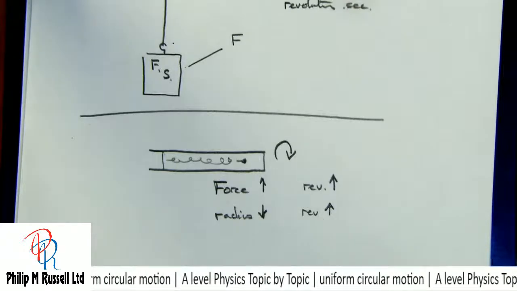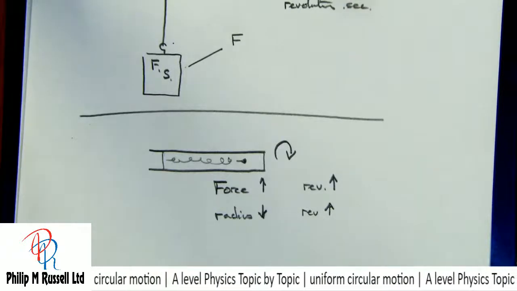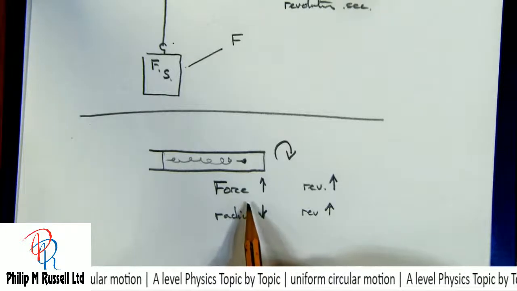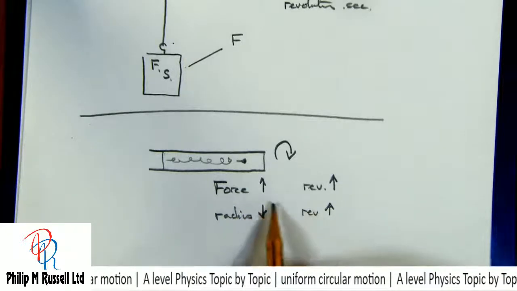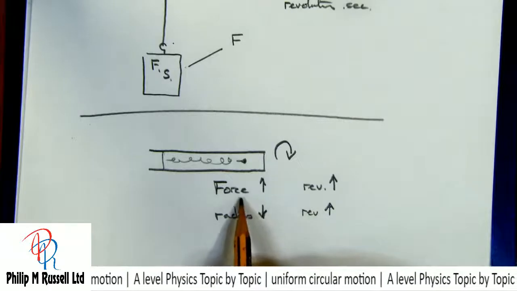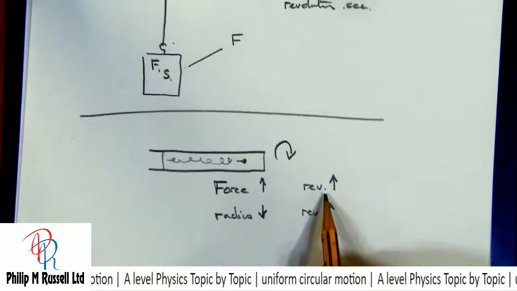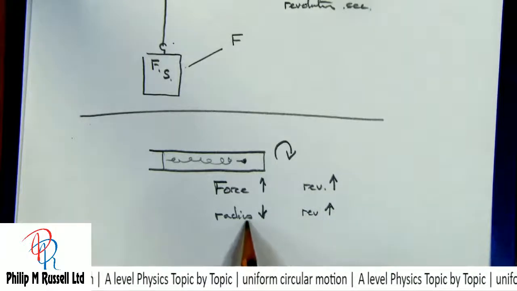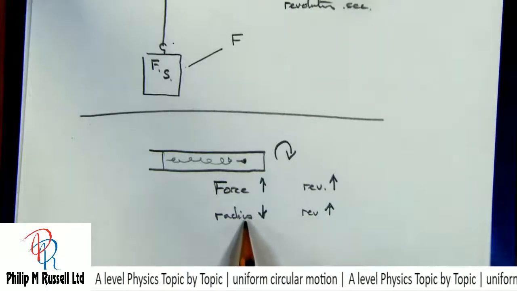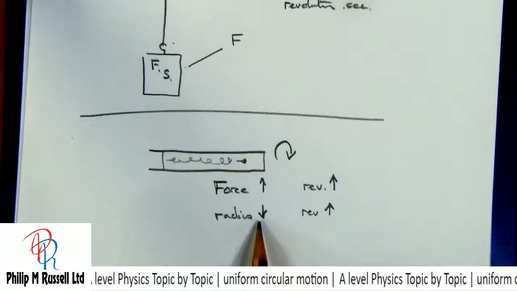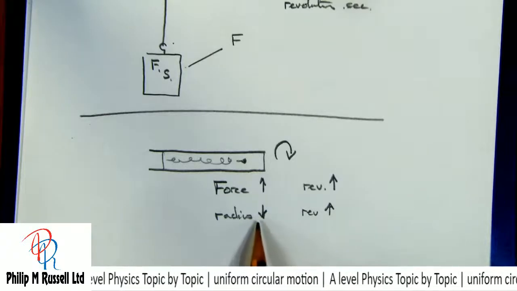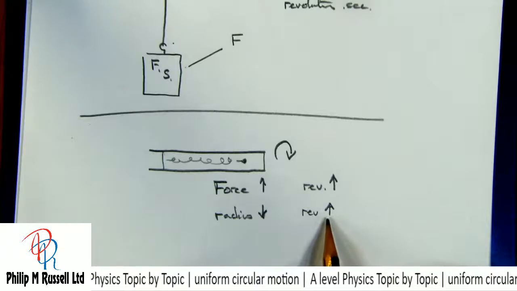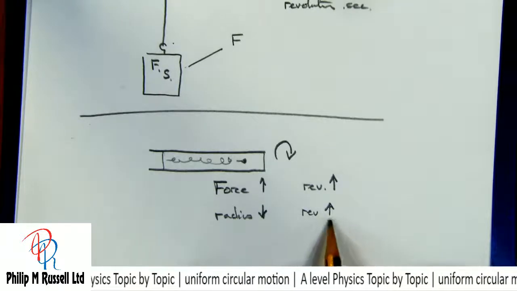And those really shouldn't be that surprising to you. So if we look at this another way, if I increase the force, the number of revolutions is going to go up, and if I keep the force the same but decrease the radius, then it's got to go basically faster.